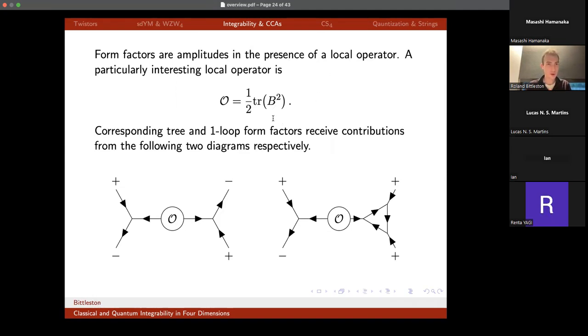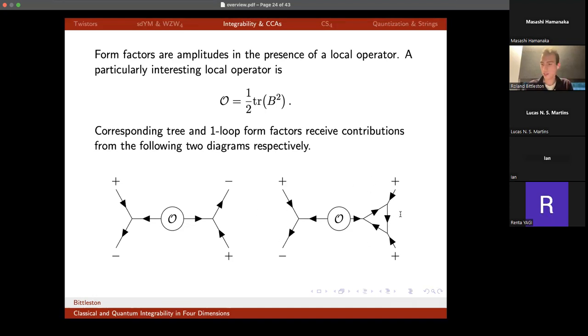So this takes me one step away from self-duality. I've illustrated Feynman diagrams contributing to a tree-level form factor for this particular local operator. This diagram on the left contributes to the 4-point MHV amplitude, which is perhaps the simplest amplitude in Yang-Mills theory. And then I've also drawn a one-minus amplitude.